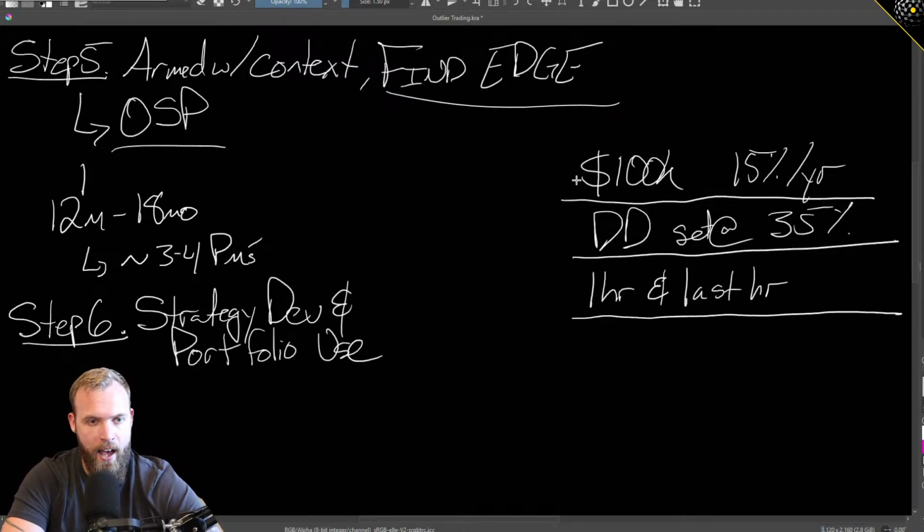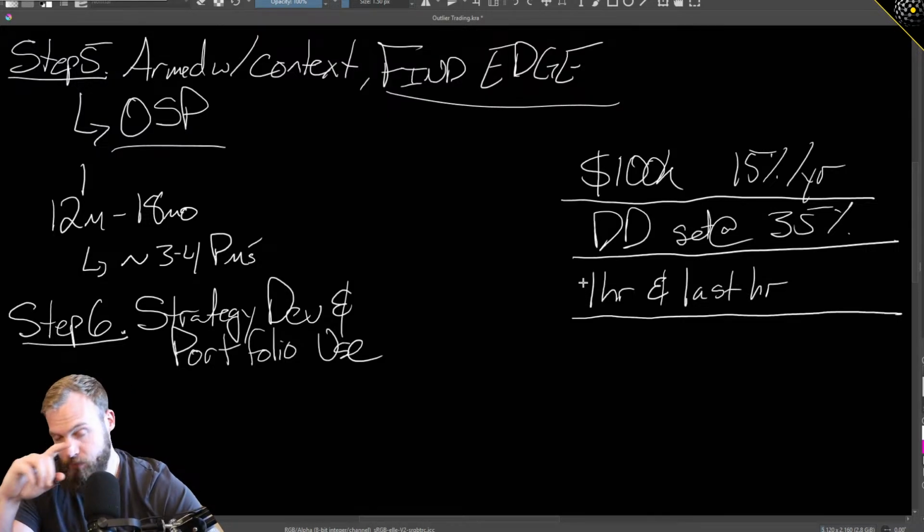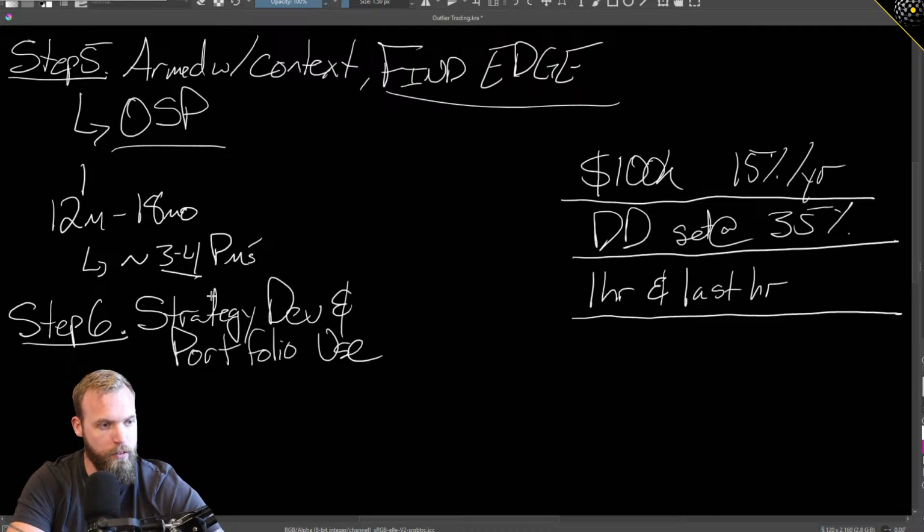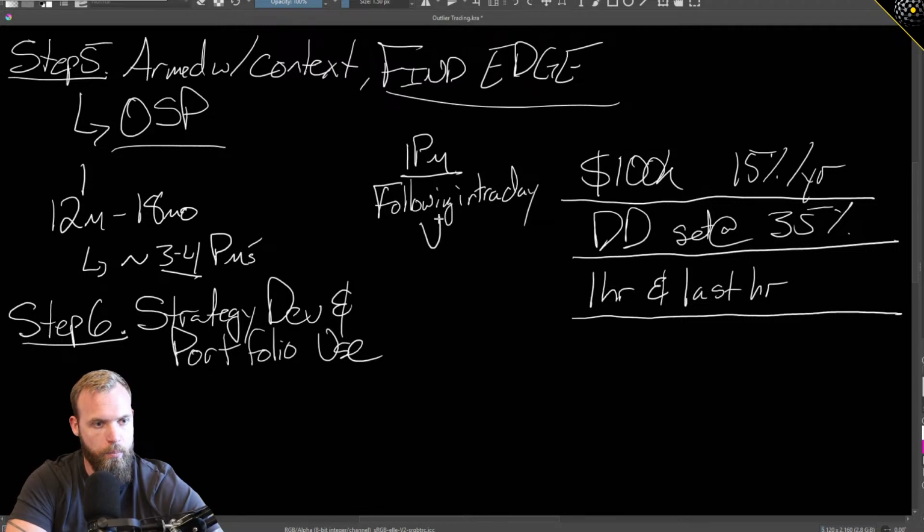So we have our goal, we have our risk parameter, we have some of the qualitative overlay that is just a fact of our life that we have to account for. So now as we go through these 3 to 4 profit mechanisms, if you found one profit mechanism that is following intraday VWAP for an index, guess what?